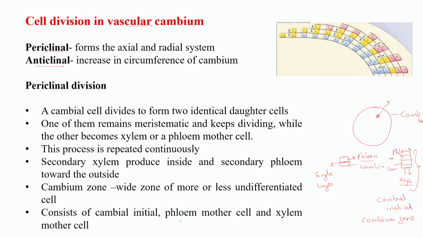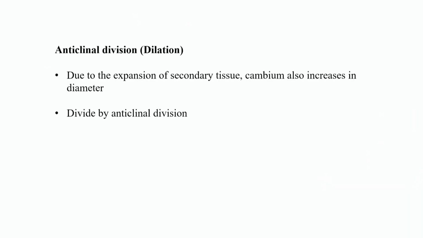They could also be known as phloem mother cells or xylem mother cells. So, this cambium zone will look multicellular, although the cambium is actually a single layer. Now, another function is through anticlinal division.